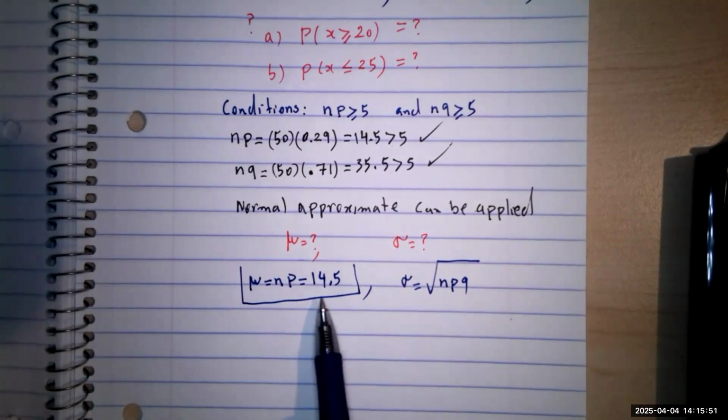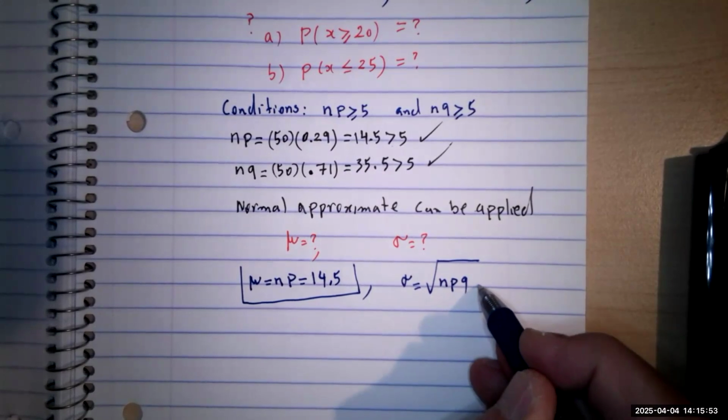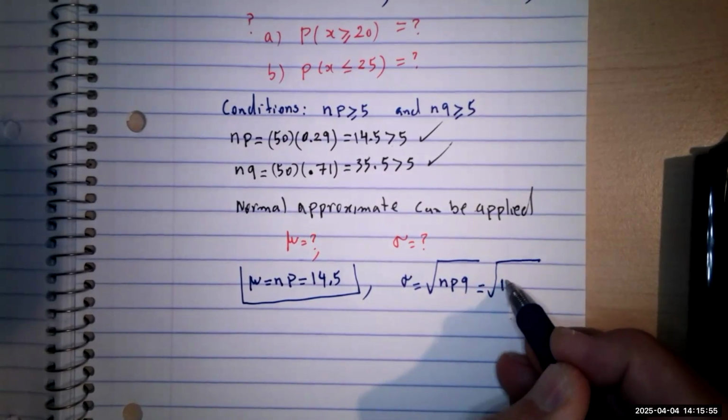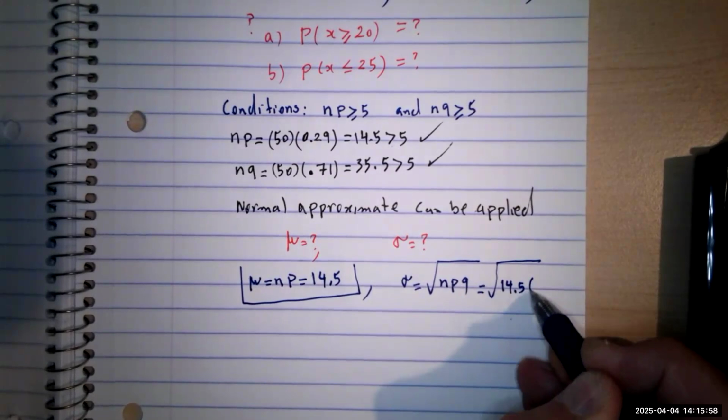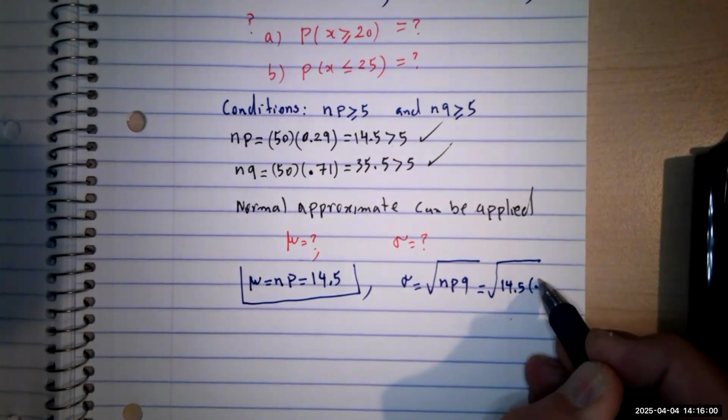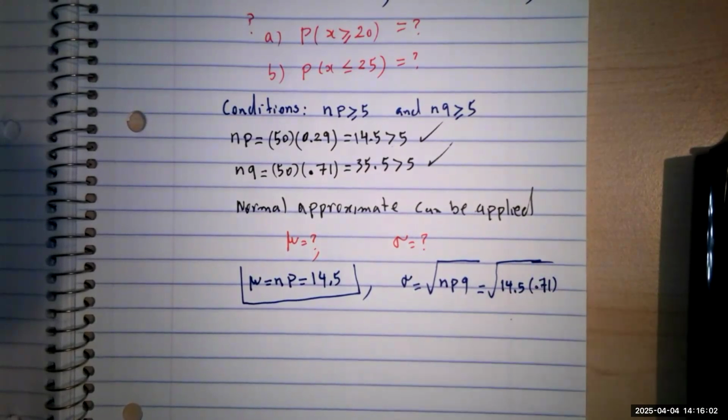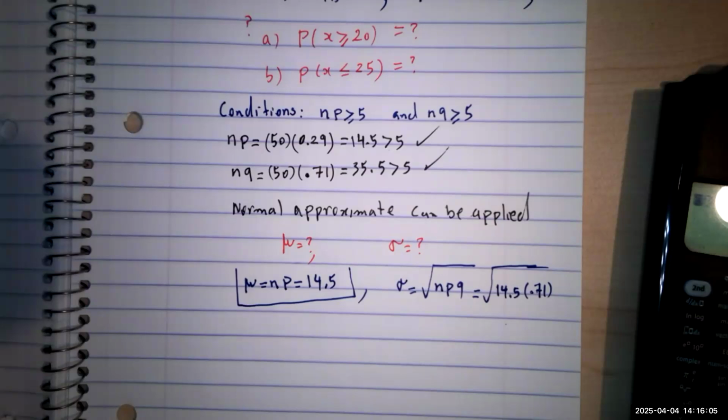Sigma. Remember, sigma is the square root of npq. You substitute n times p is 14.5. So you're going to have the square root of 14.5 times 0.71. Let me check this one. The square root of 14.5 times 0.71. I didn't get it.